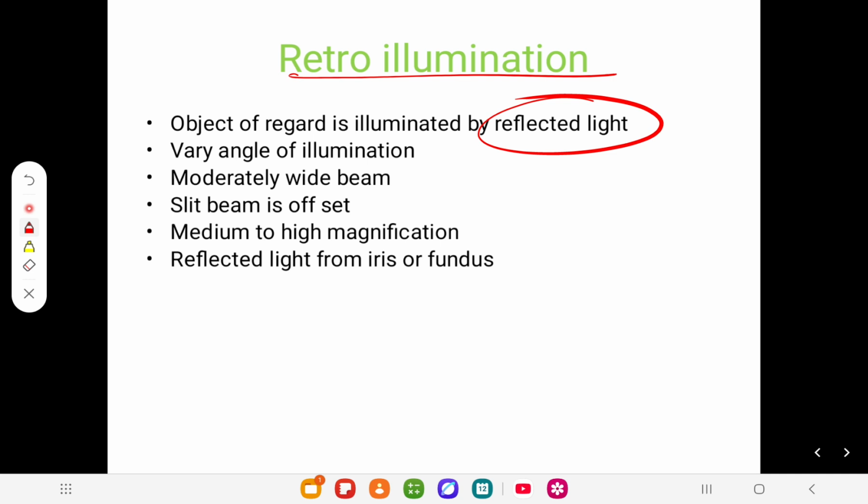That's called retroillumination. Vary the angle of use, moderate width beam, slit beam is offset, definitely offset, medium to high magnification, and sometimes you don't need to offset also. It's simple: reflected light from the iris or the fundus. Basically, if you throw light to the iris, then the anterior structure is visible.